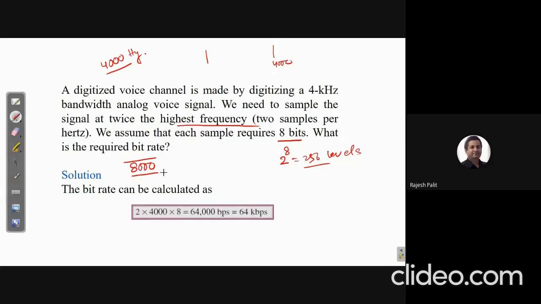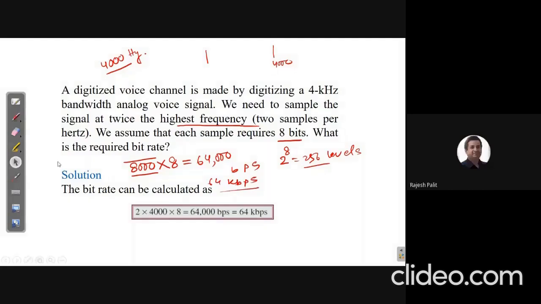For each sample there will be 8 bits. So how many bits per second? 64,000 bits per second, or 64 kbps. Clear? Yes, sir.